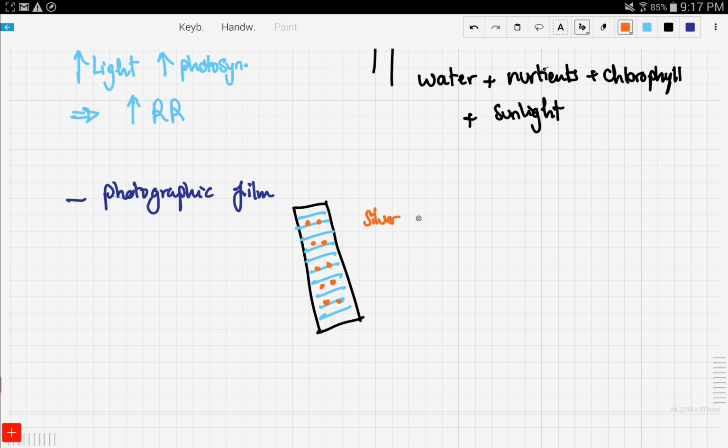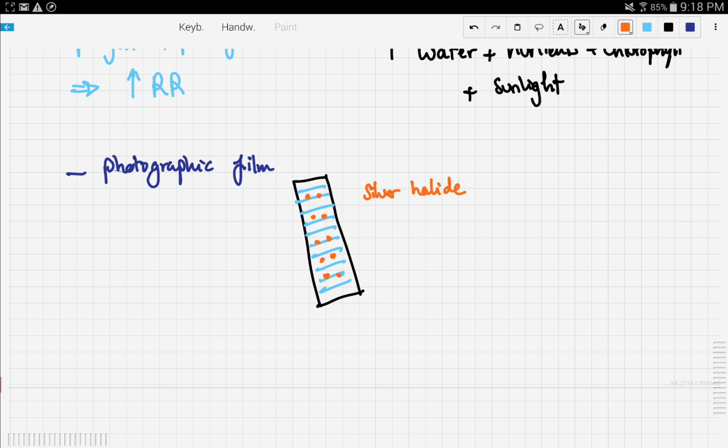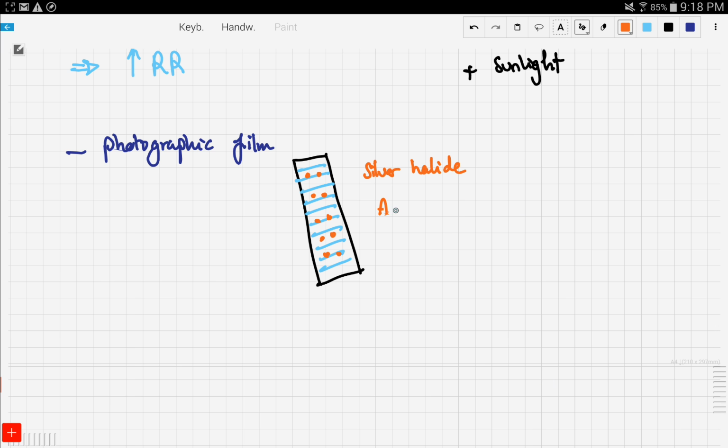Silver halide can be silver plus any chemical from group 7. So it can be AgBr. So what's the function of AgBr?